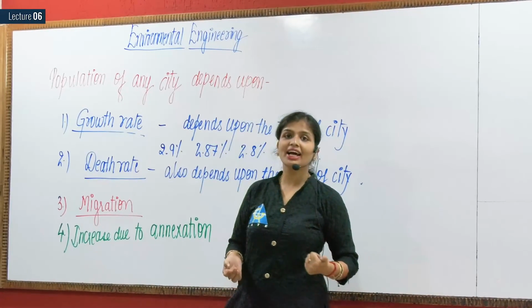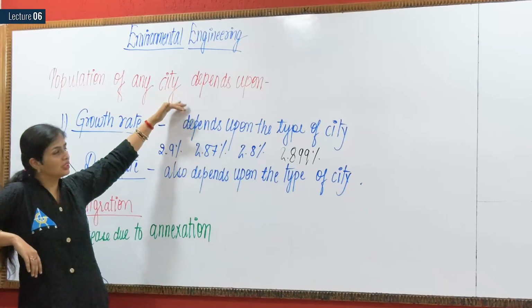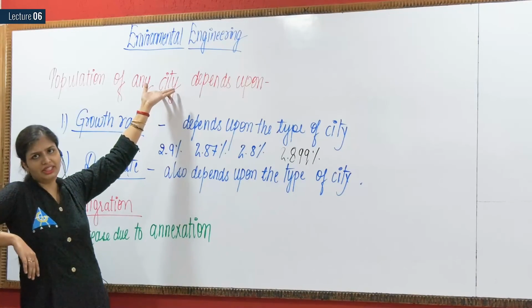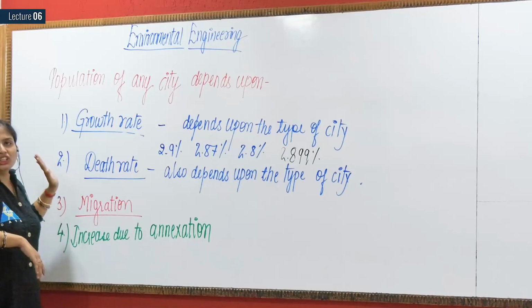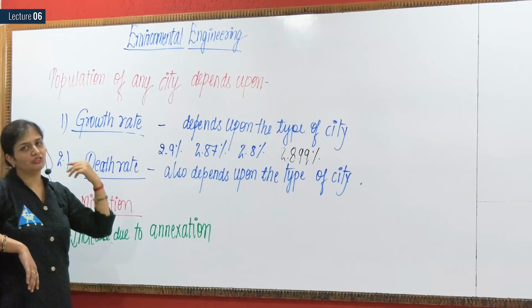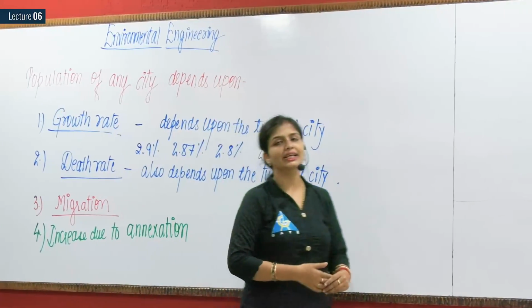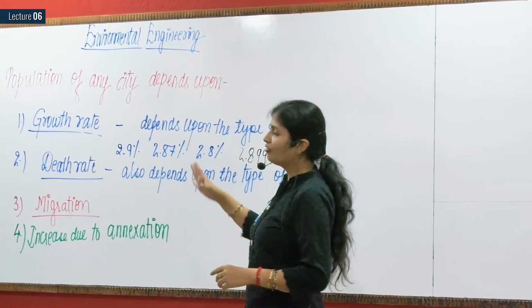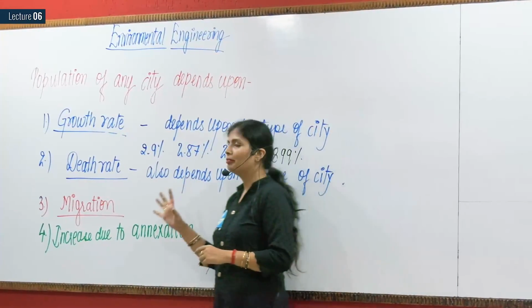And then secondly, I told you what are the basic factors on which the population of a city depends. What are the parameters? So growth rate, death rate, migration, increase due to annexation, any sorts of pandemic, epidemic, on all these factors the population of a city depends, right? So now, after knowing this, there are various methods of population forecasting which we will be dealing with.